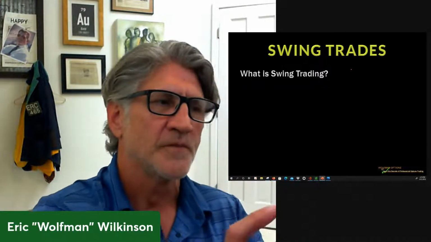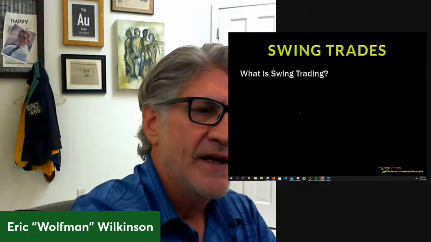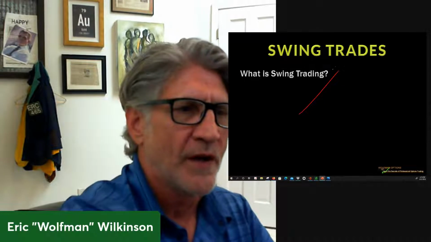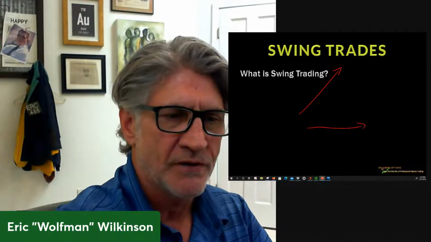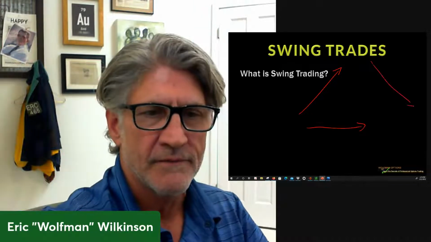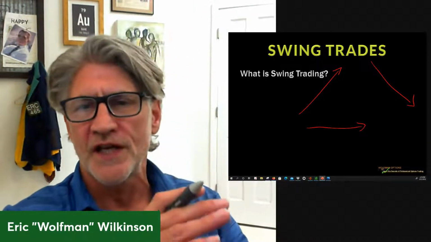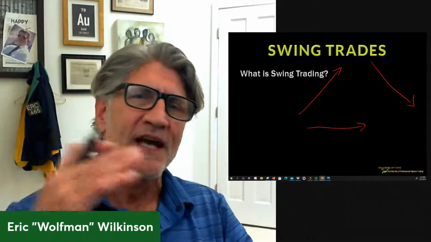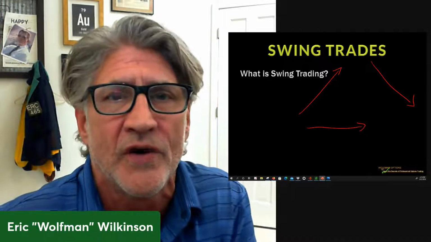All right. So what is a swing trade? Ultimately, what we're looking at is markets that move in a bullish direction, a market neutral direction, or possibly in a bearish direction, right? That's one of the first things we want to do is identify the overall trend of what this underlying is doing, right?